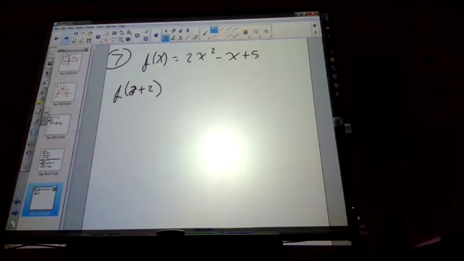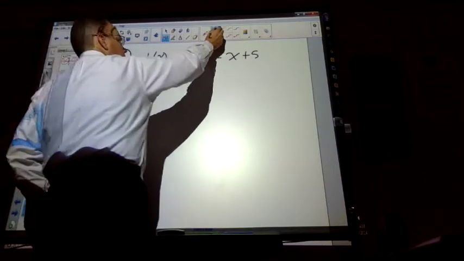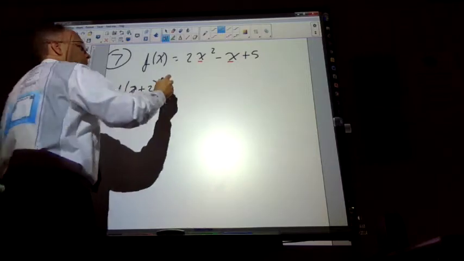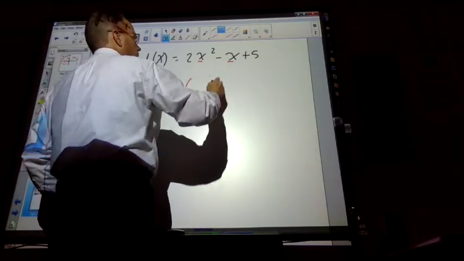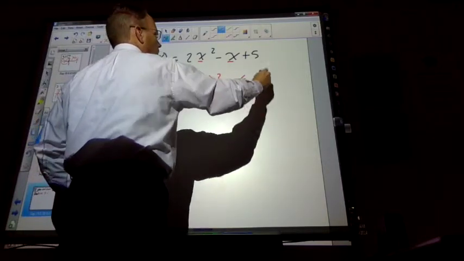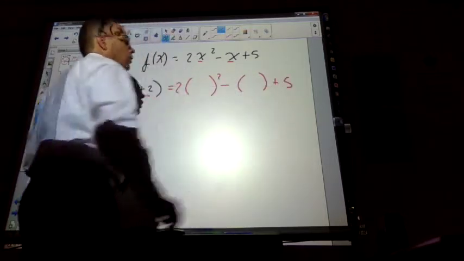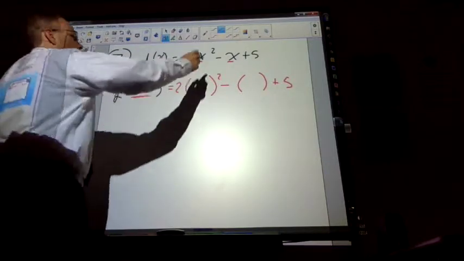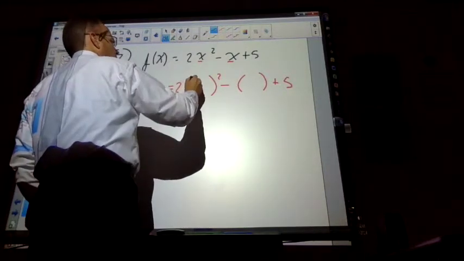So this means wherever you have an x, you're going to plug this value in. So that's what the problem's going to look like. I'm going to put a plus 2 into each of these.